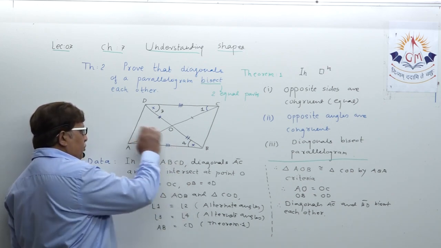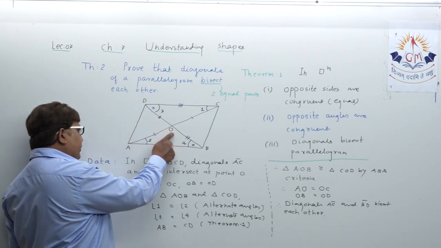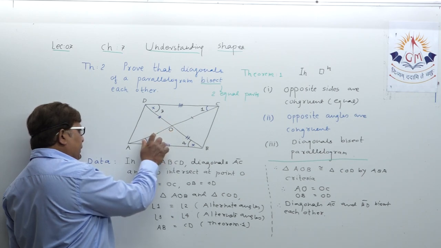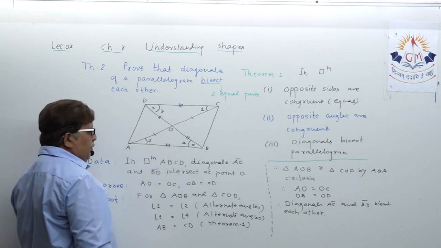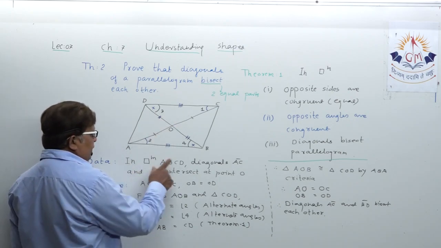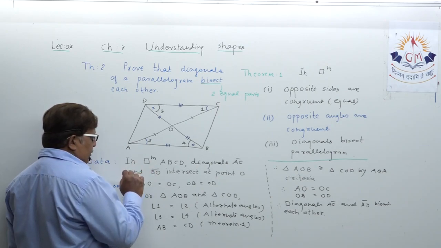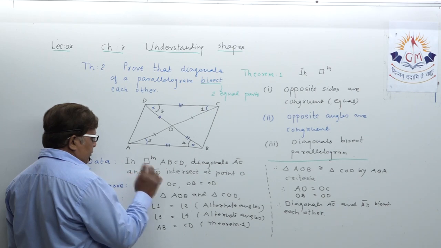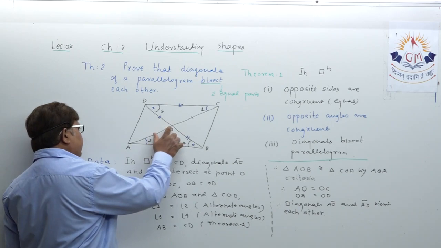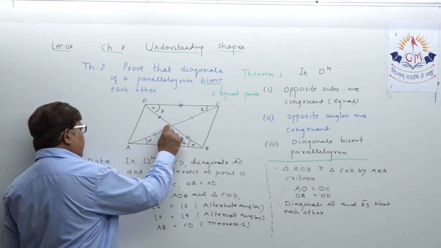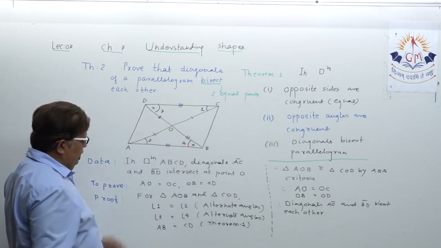After drawing the diagram, you try to understand the statement that diagonals bisect each other. That means both the diagonals at the point of intersection are going to divide themselves in two equal parts. So we wrote the data: in parallelogram ABCD, diagonals AC and BD intersect at point O. Because of bisection, you have to prove AO equal to OC, OB equal to OD.